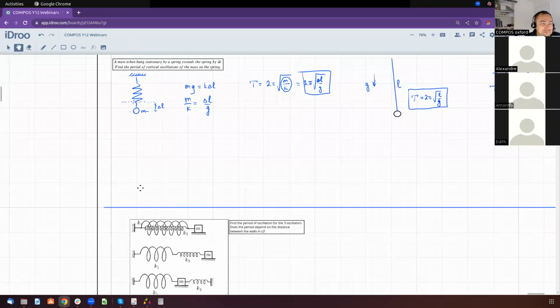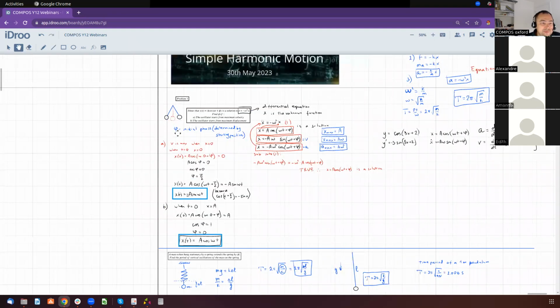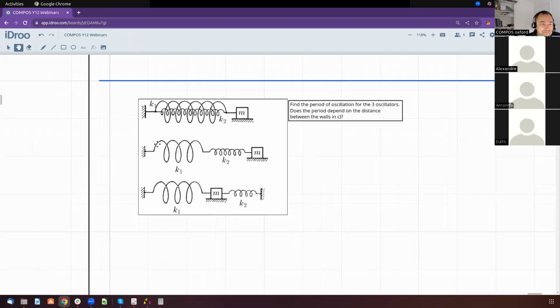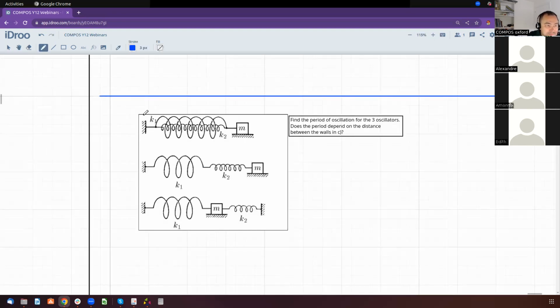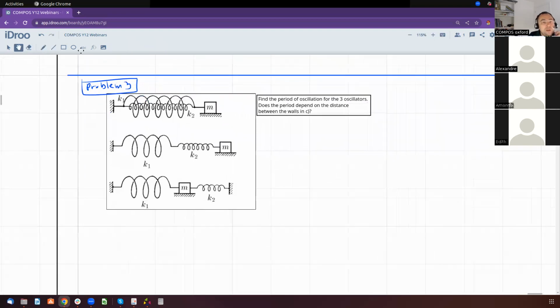Now this was problem 2. This is problem 3. Find the period of oscillations of the 3 oscillators. Does the period depend on the distance between the walls in C? Okay, so let's have a look. Now, we say that these springs are in parallel.